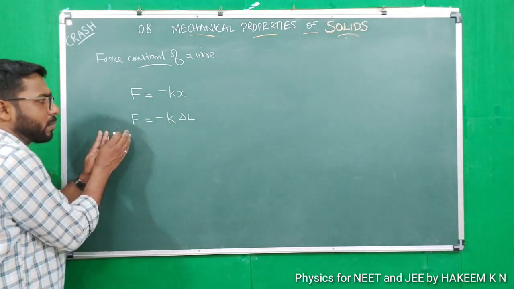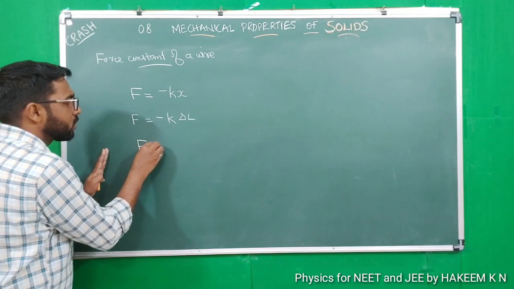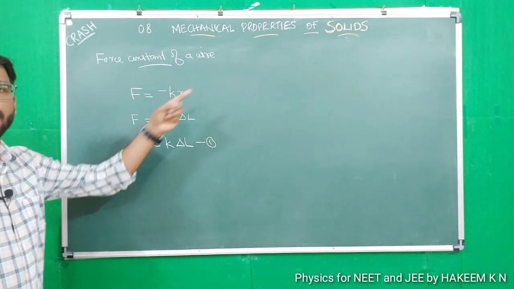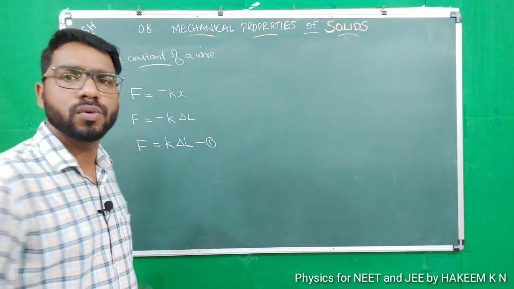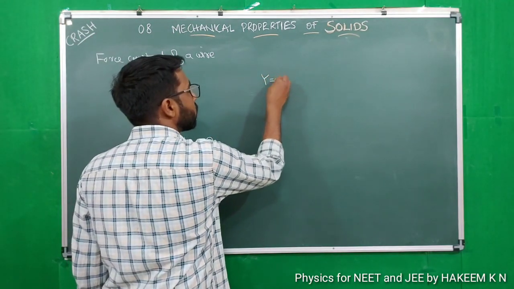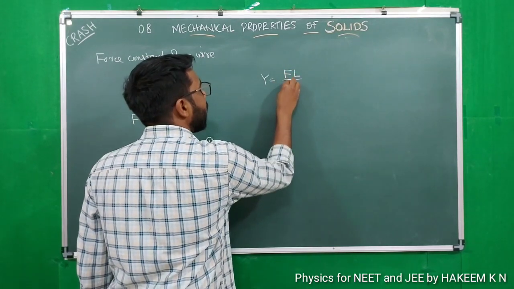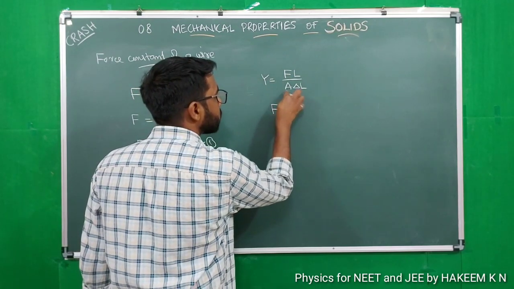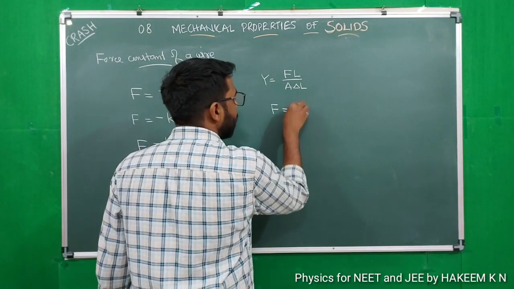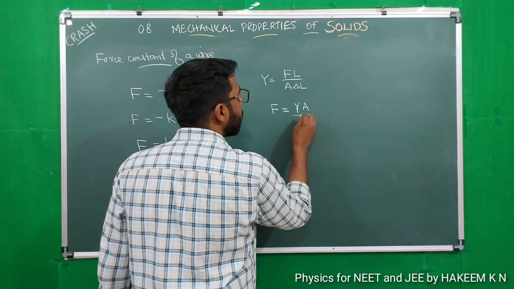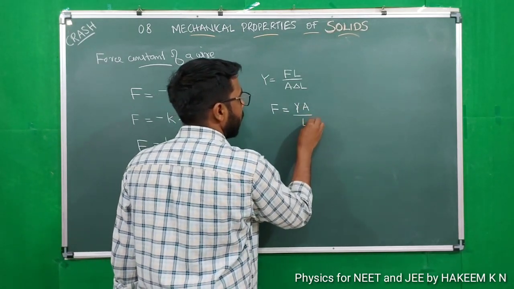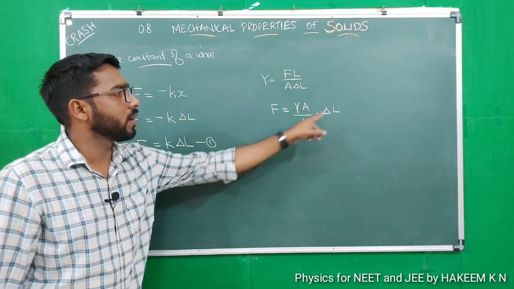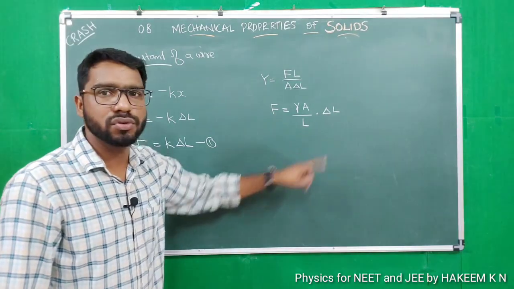Taking its magnitude, we get F equals K into delta L. And what is the equation we studied just now? Y equals FL by A delta L, then F equals YA by L into delta L. This is the equation of force.